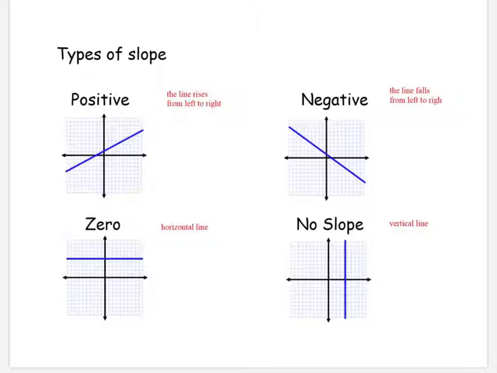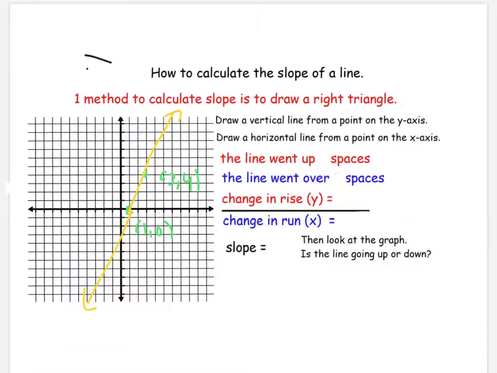Those we consider to have no slope, because they rise, but they never run. Sometimes, instead of the words no slope, you may see the word undefined, which means exactly the same thing.